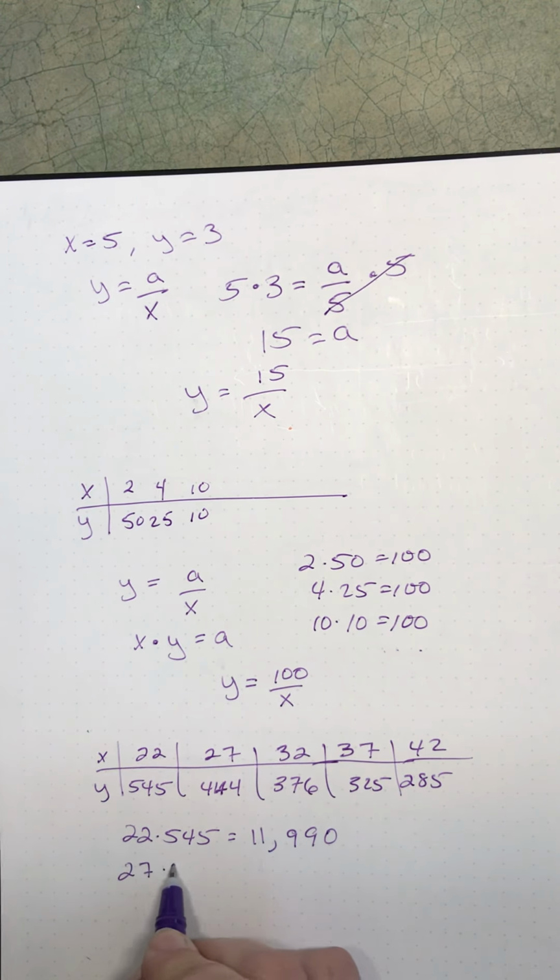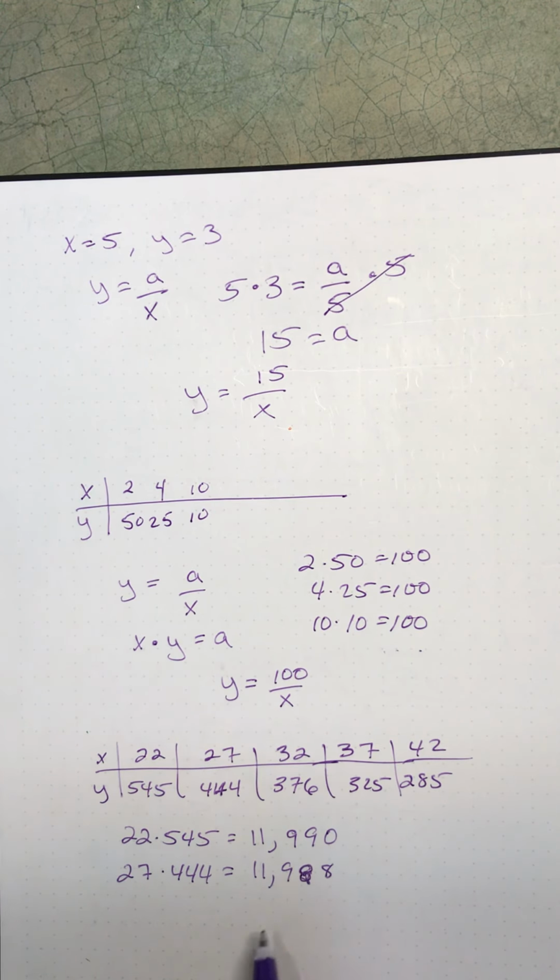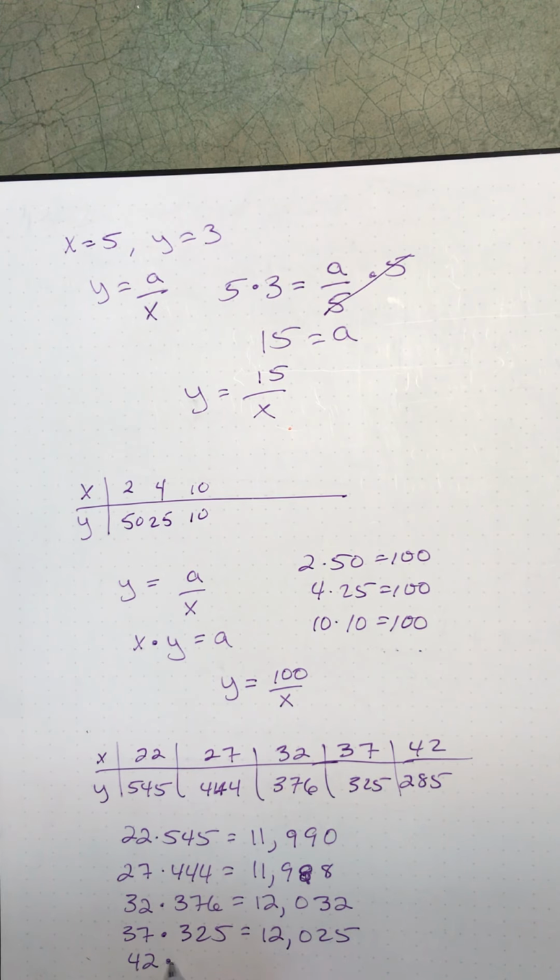So 27 times 444 equals, sorry, 11,988, and 32 times 376 equals 12,032. And 37 times 325 equals 12,025, and 42 times 285 equals 11,970.